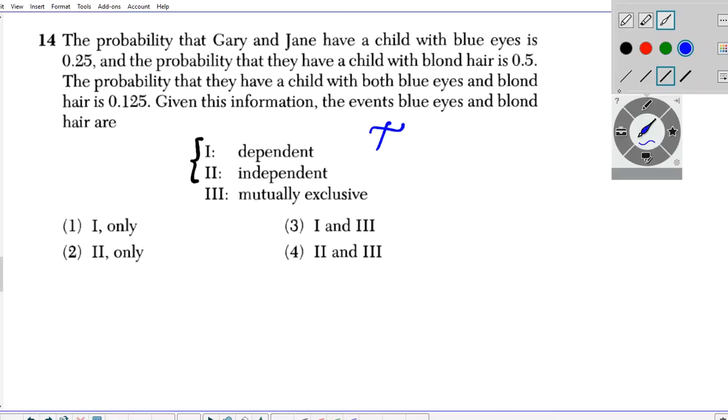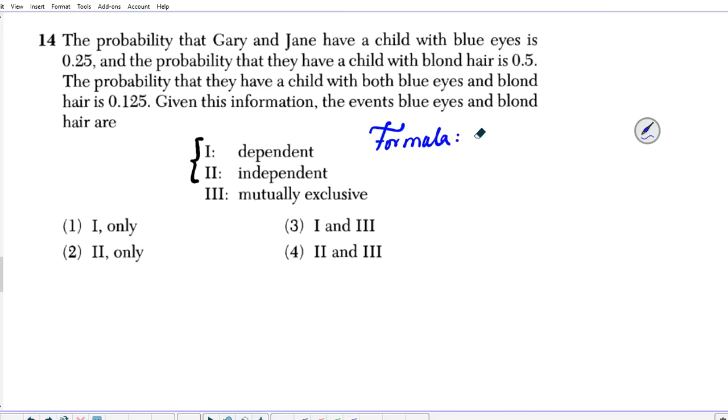To determine if two events are dependent or independent, this is a formula that we're going to be using. The formula for independent events is as follows.